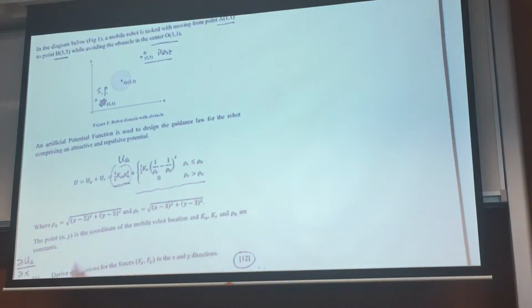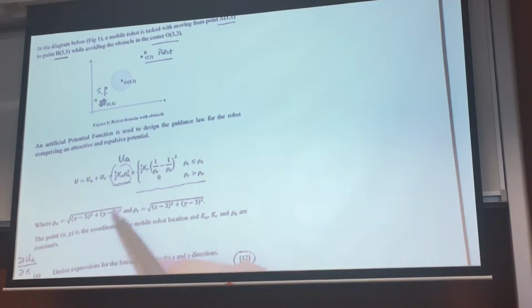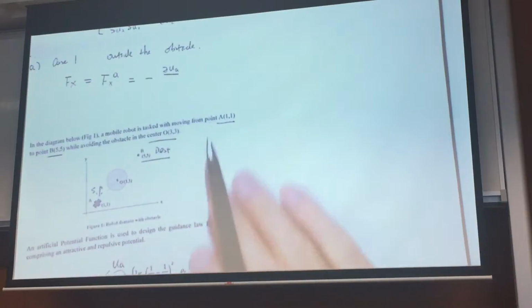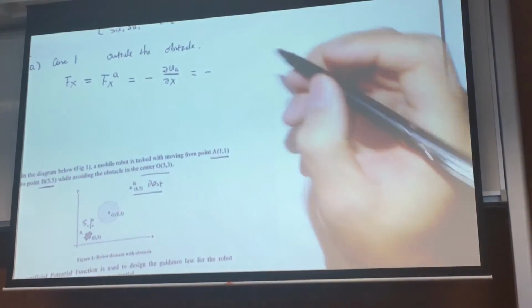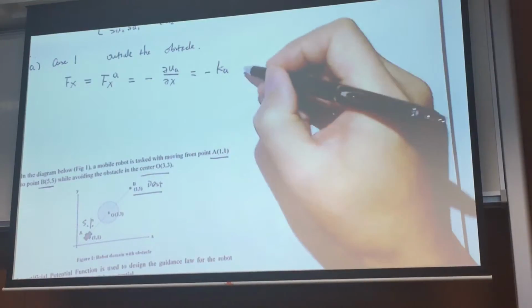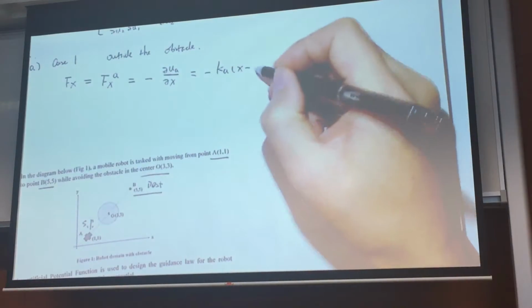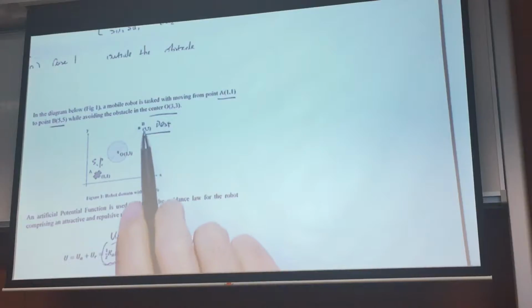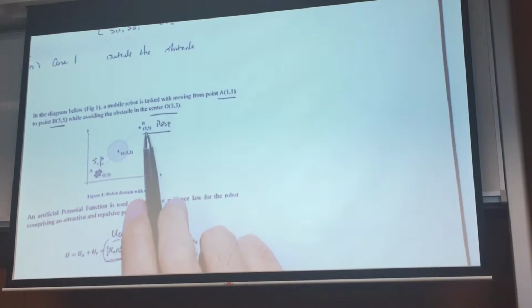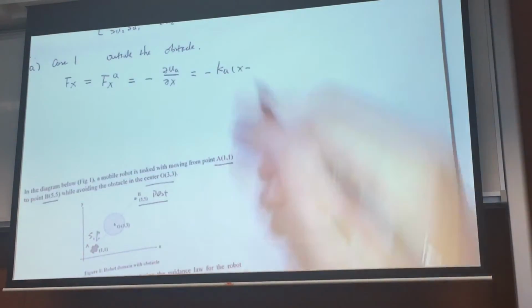When you evaluate the derivative of rho A in terms of x, the second part will become 0. So it's just given by minus Ka times x minus the coordinate of the destination.